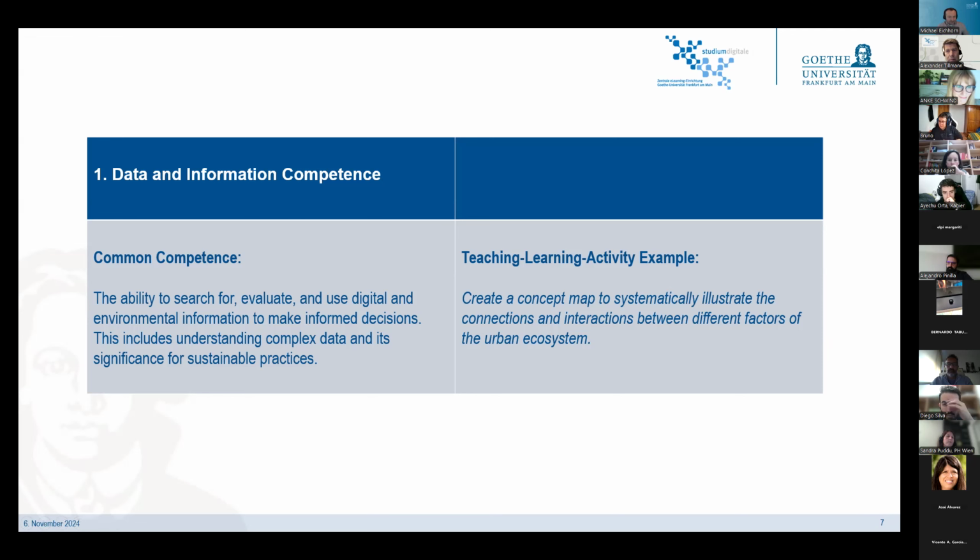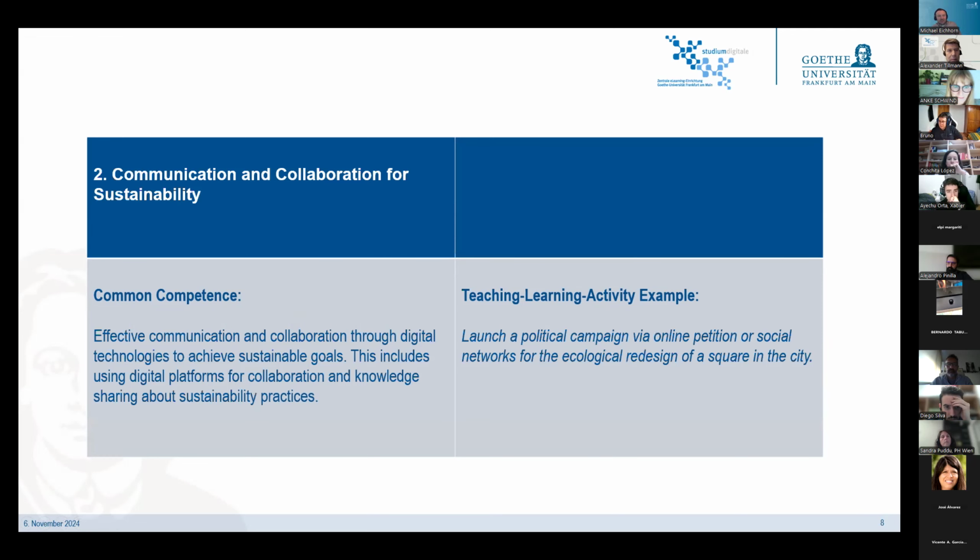For the second one, communication and collaboration for sustainability, we've also formulated the common competence. This is the effective communication and collaboration through digital technologies to achieve sustainable goals. And this includes using digital platforms, for example, for collaboration and knowledge sharing about sustainability practices.